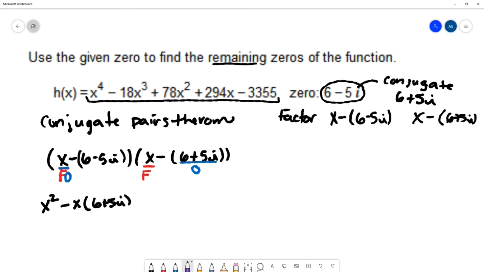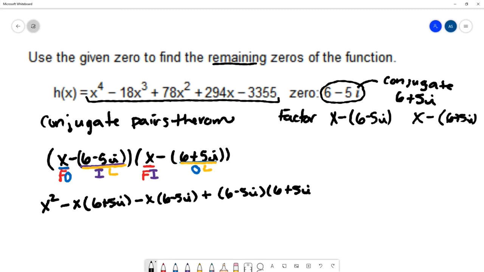I can multiply the inside two terms together, so that's this one and this one. If I multiply those, I'll have minus x times 6 minus 5i. And I can multiply the last two terms together, these two are the last. And that would give me a plus. Negative times negative is a plus. 6 minus 5i times 6 plus 5i.